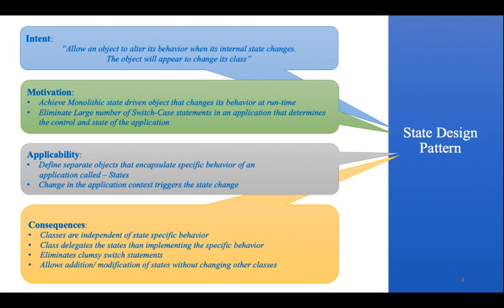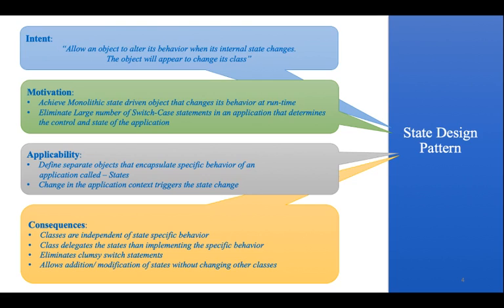Following the principles of behavioral patterns, the state design pattern intends to allow an object to change its behavior when its internal state changes. The internal states in this context refer to the state changes due to the change in the attributes associated with an object, whereas external state change may refer to the environmental changes that affect the object state.